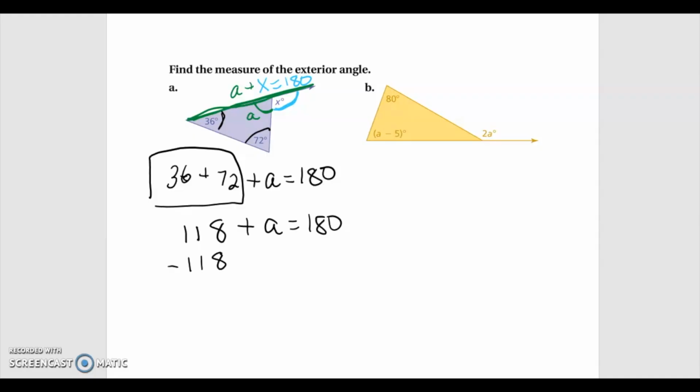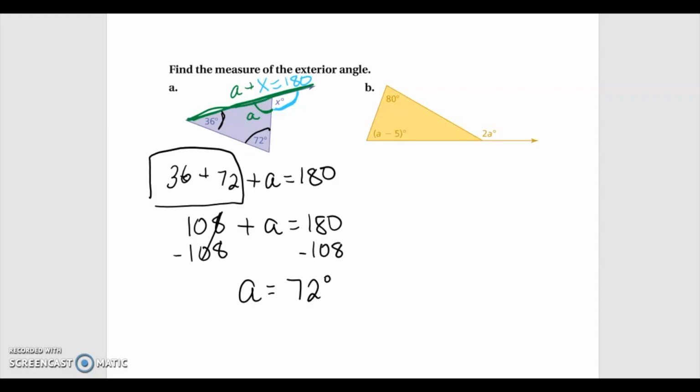Oh, I'm sorry. I made an addition mistake there, didn't I? Let's go back and fix that. It's not 118, it's 108. So I need to subtract 108 from both sides. And I get that angle A is equal to 72 degrees.